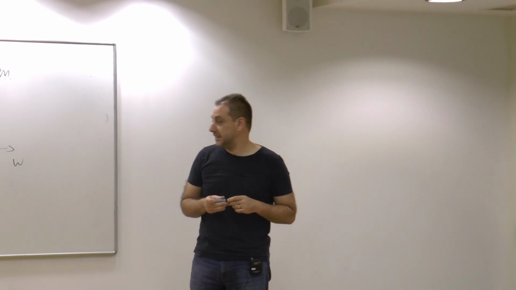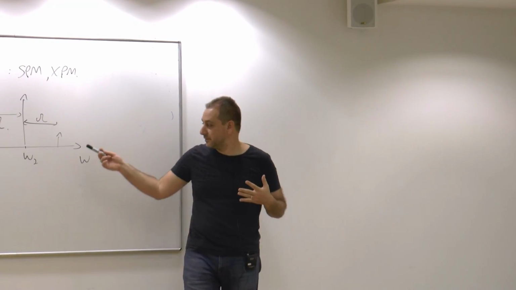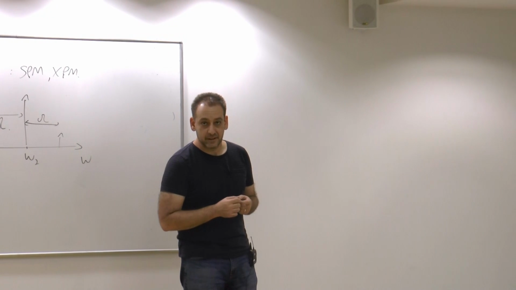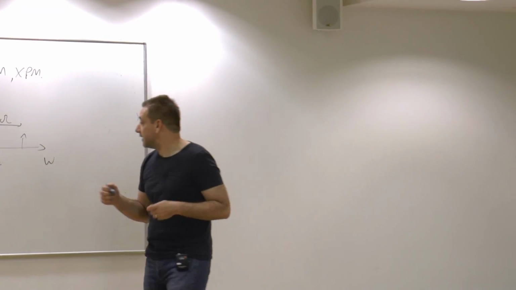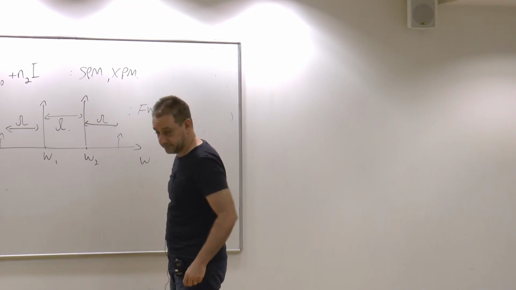And this happens even though we do not launch any content at those two new frequencies. So this is obviously a nonlinear generation behavior. We call this phenomenon four-wave mixing.